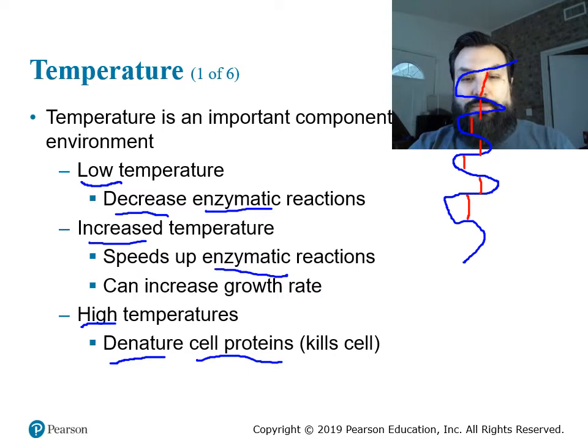Okay, this shape there. These red lines again are the bonds that hold the amino acids up and make it a nice shape. The shape means it's active, it can be used. What will happen in high temperatures is that high temperatures will cause these bonds to break. These bonds break, this bond, this one, and this one.